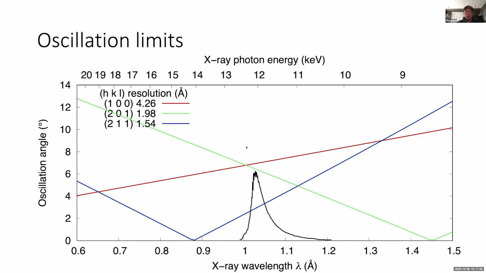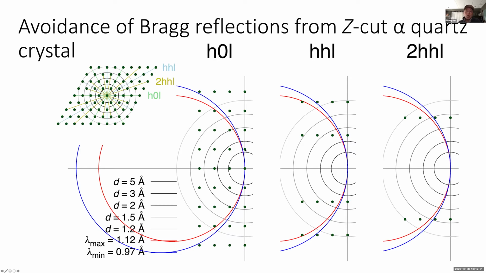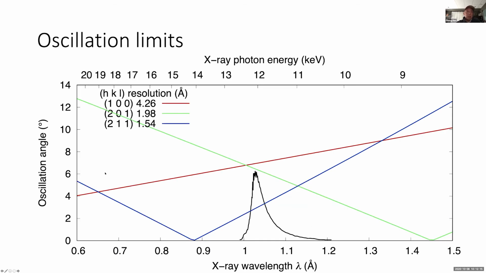That is to say, if you rock this array of reflections back and forth 6 degrees, some reflections here may get into the diffraction condition. So we can rock plus or minus 6 degrees before this reflection, 100 at 4.3 angstrom, will get into the diffraction condition, or this one at 2 angstrom.